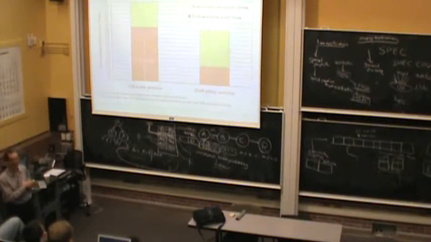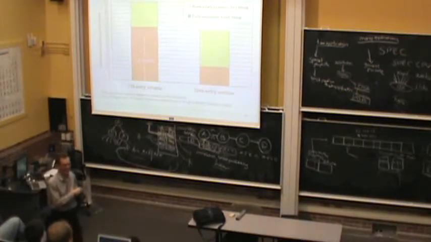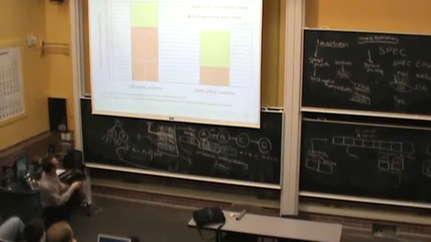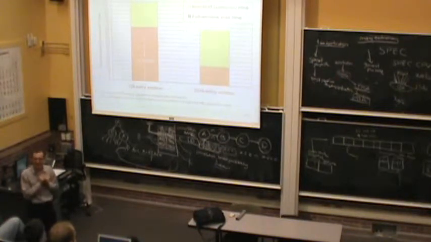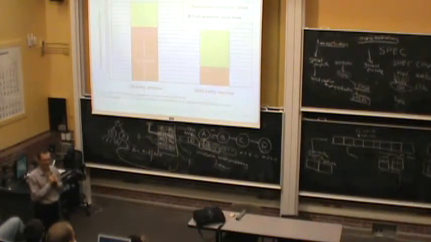Why doesn't non-stall compute time increase? There you go, exactly. Why does the non-stall compute time increase? You tell me. It takes longer because you have to look up the miss buffer. Yeah.